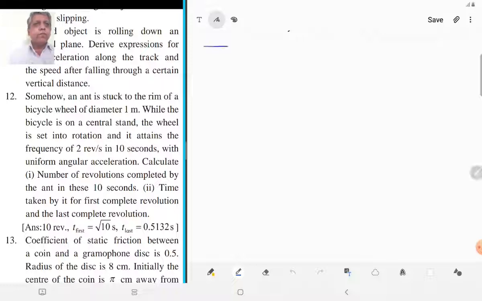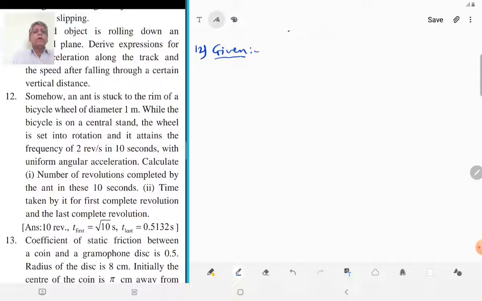Now, first write the given points from this numerical. Here, from the first sentence, an ant is stuck to the rim of a bicycle wheel of diameter 1 meter.